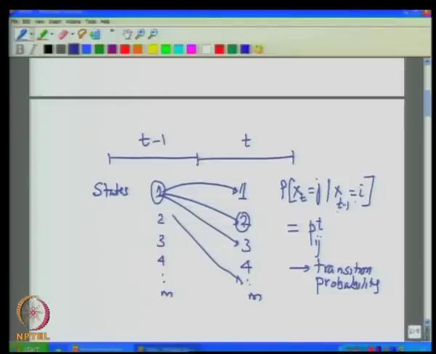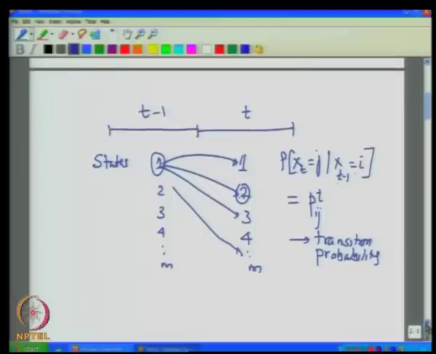As you can see here, starting with a particular class interval i in t minus 1, it must go into one of the class intervals 1, 2, 3, 4 etcetera up to m. What does that mean? It means that the probability of going into class interval 1 starting with i plus the probability of going into class interval 2 starting with i, probability of going into class interval 3 starting with i etcetera, when you add it up, this must sum up to 1, because it has to go into one of these class intervals, one of these states.